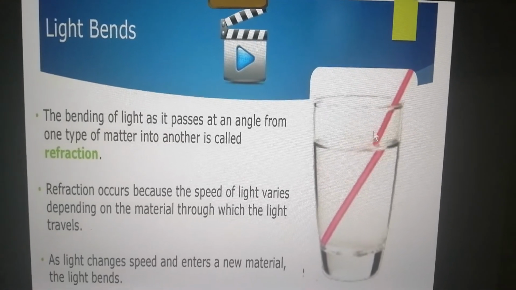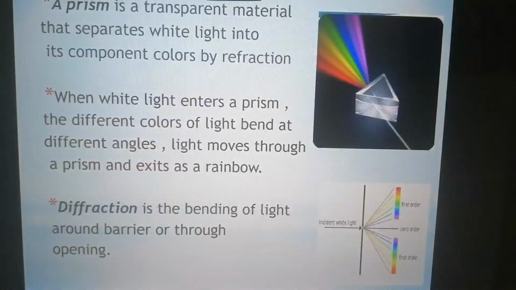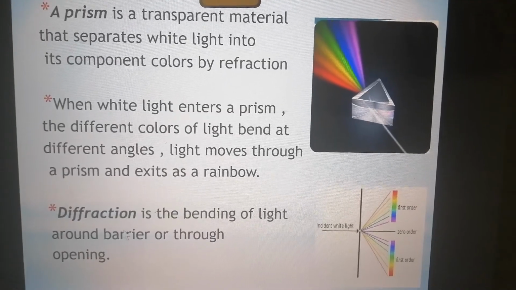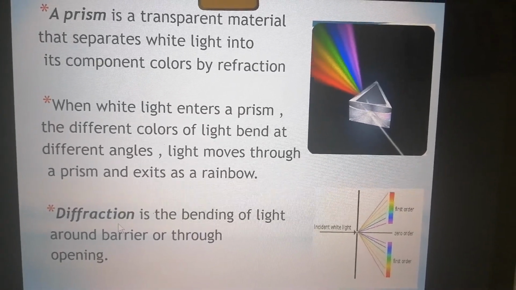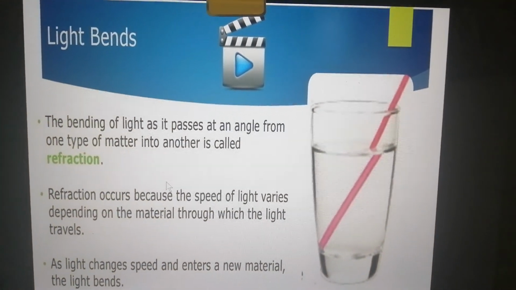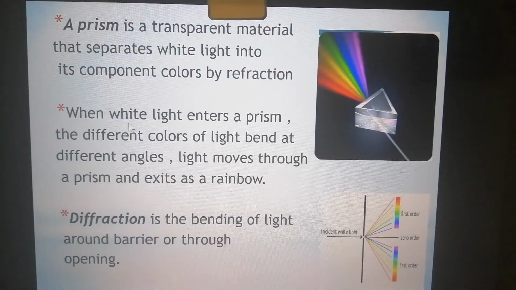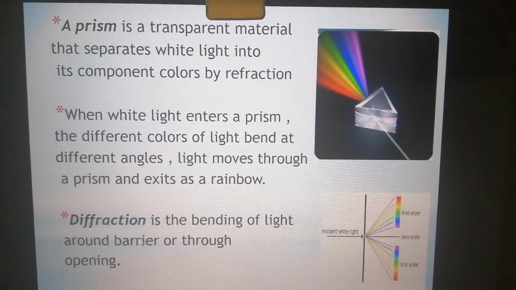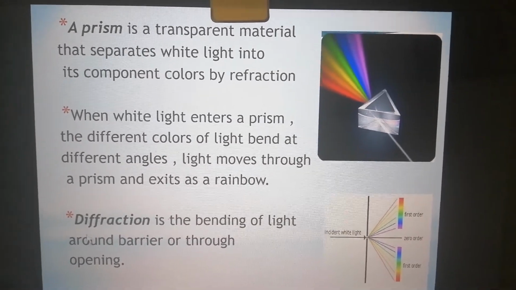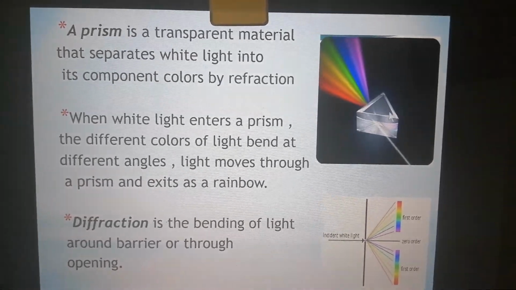But when it passes through a barrier or an opening, like the prism, it is called diffraction.